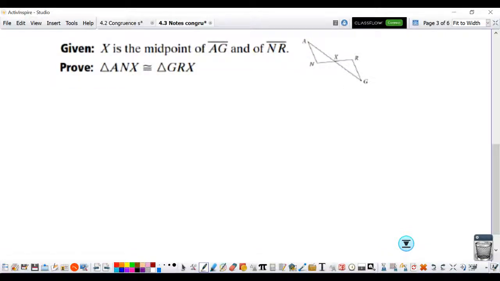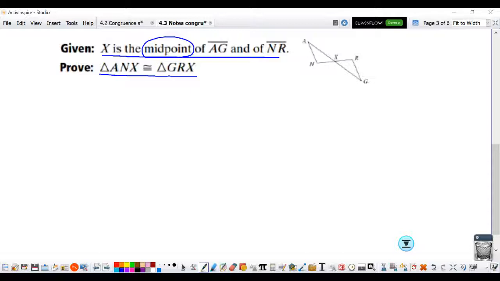All right, so here we are given that X is the midpoint of segment AG and segment NR. Whenever you see a vocabulary word in your given information, you should know the definition. So if you have to look it up, do so, because I can guarantee you it will be part of your proof. And we're asked to prove that two triangles are congruent.